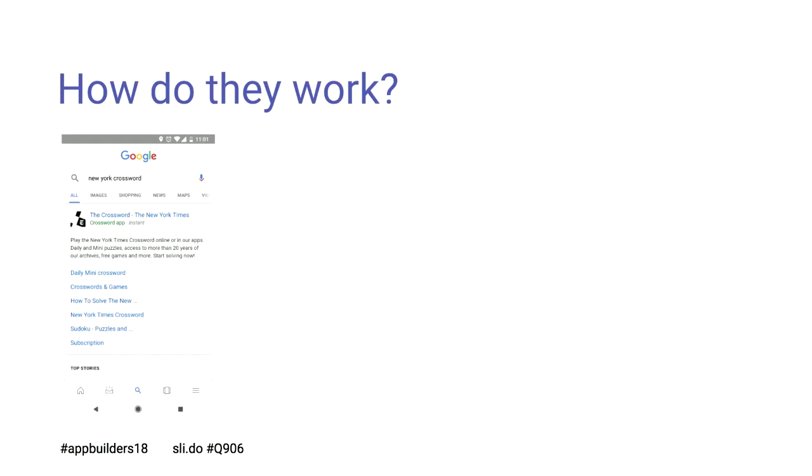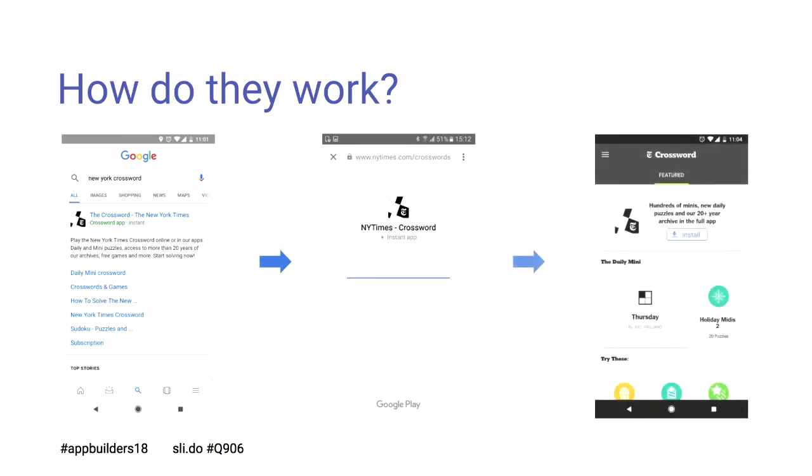How do they work? This is my favorite example, actually. New York Times crossword puzzle has an instant app. If you search New York crossword at Google, you will see the instant keyword near the application link. If you click, and if you use it for the first time, you will see this screen, and the instant app will open, and you see the install button at the top of the page.